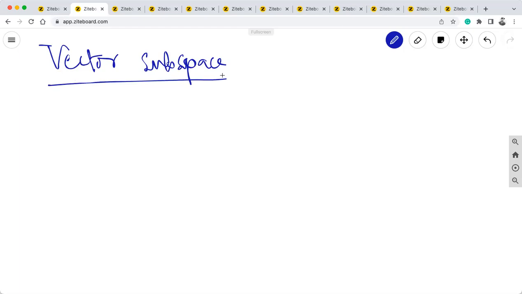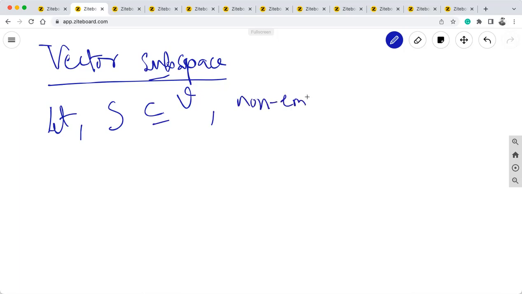From the term sub, we have the notion of sets, set and subset. So that is required here. So let a set S be a subset of the bigger set capital V, and also a non-empty set.